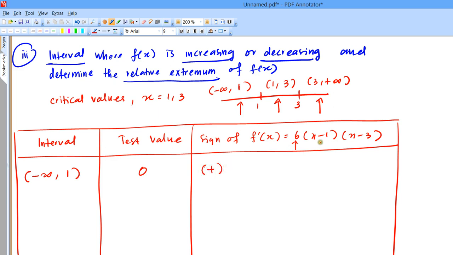Substituting into the first bracket, 0 minus 1 equals a negative sign. In the second bracket, 0 minus 3 equals negative 3. If you multiply these, positive times negative times negative equals a positive sign.